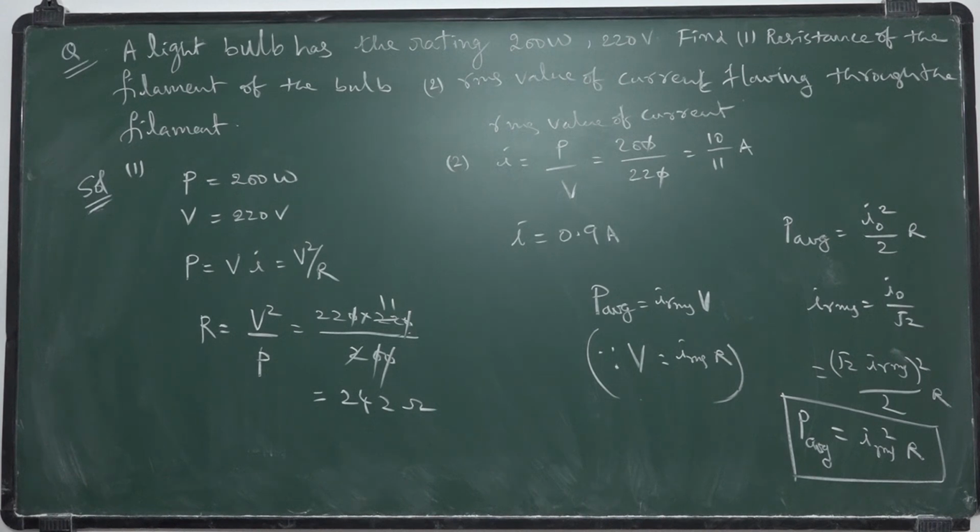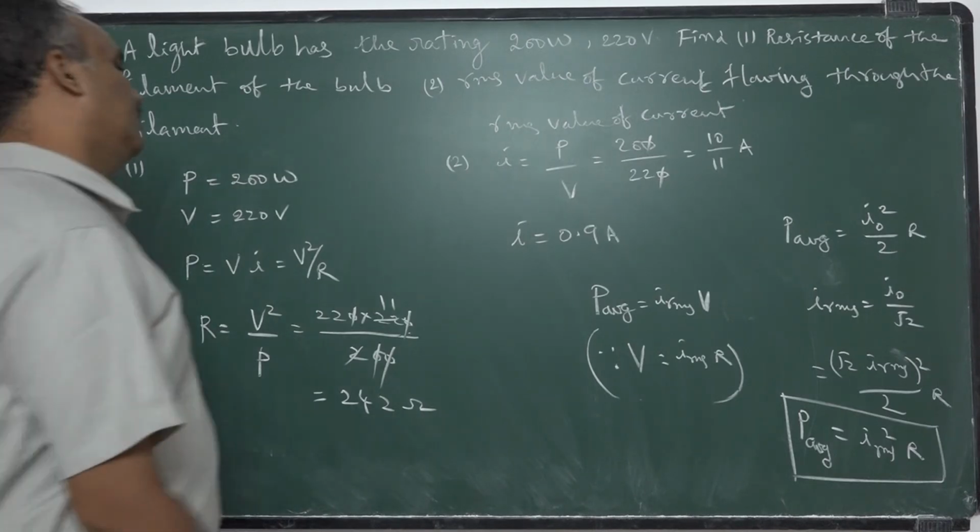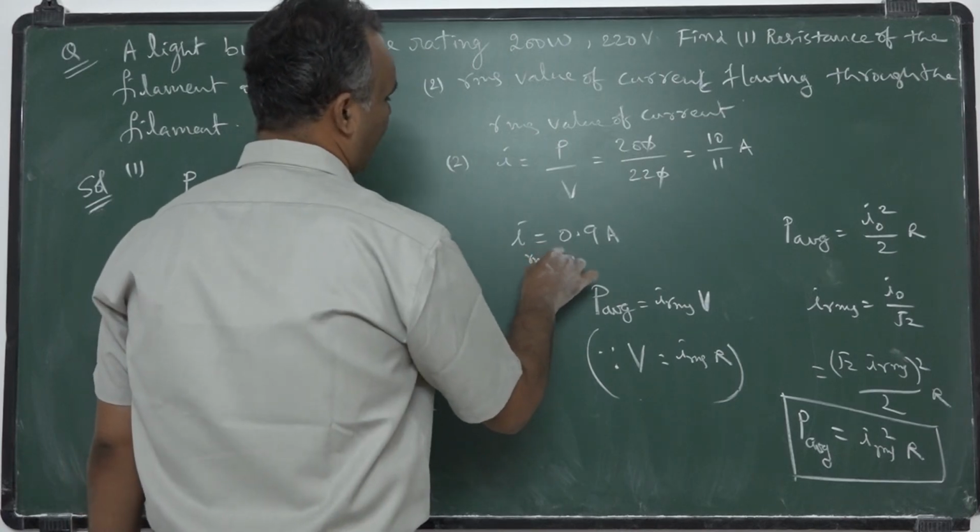Average power is equal to RMS value of current into voltage. So based on that idea, I calculated the IRMS value as 0.9 amperes.